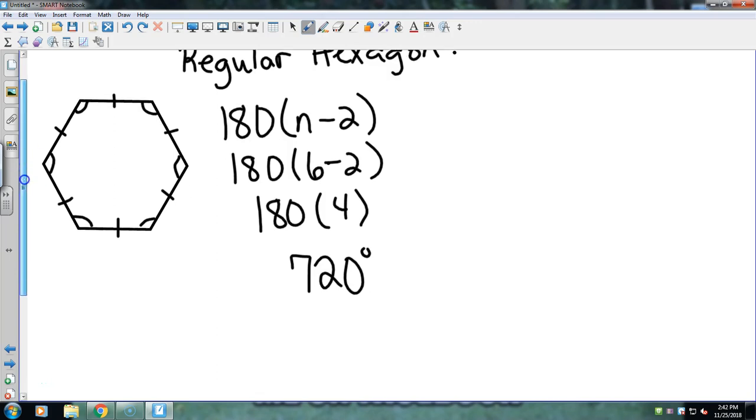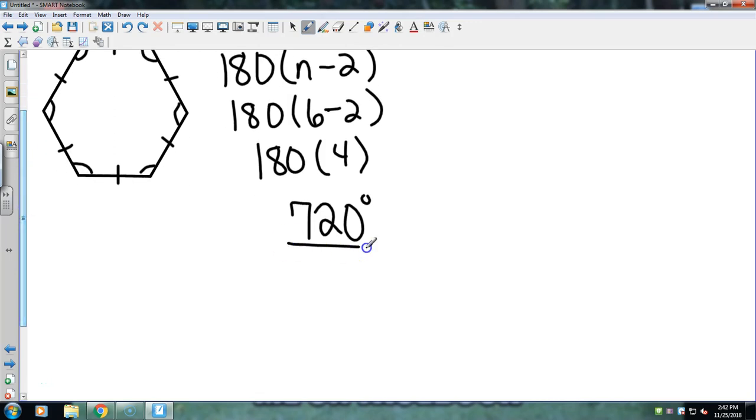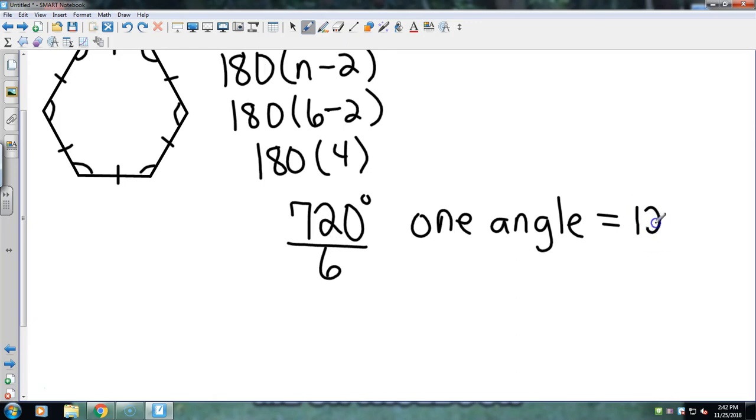So if I wanted to find out what just one of them was, I would divide by 6. And so one interior angle is going to equal 720 divided by 6, which is 120 degrees.